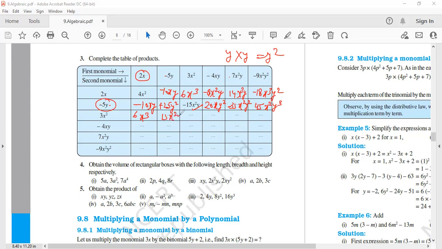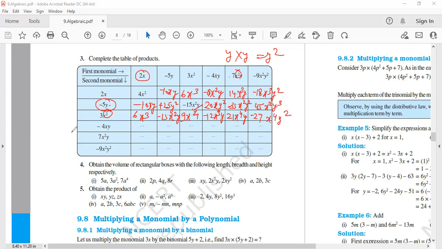Similarly, 3 twos are 6 x cube, 5 threes are 15 x square y, and a minus sign will be there. Yeah, definitely. 3 threes are 9 x power 2, no, 4 threes are 12, minus 12 x cube y, because x2 is there, x is there, so x cube, and 7 threes are 21 x power 4 y, because x power 2 and x power 2.